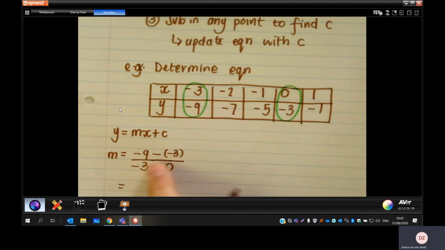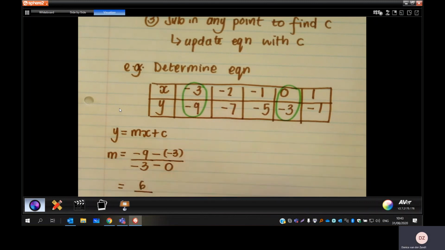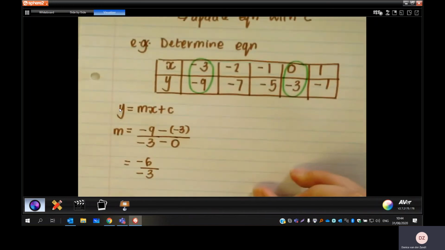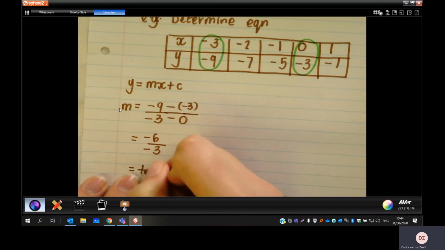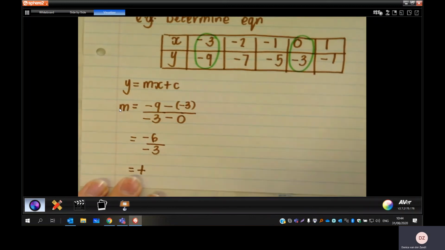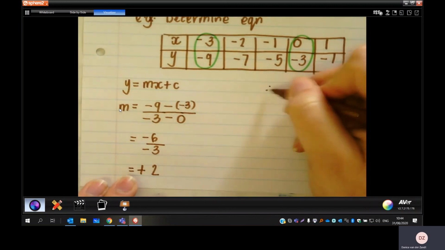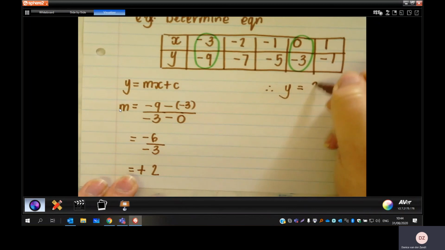So I get -9 plus 3, which is -6, over -3 minus 0. Oh, sorry, it's -6. What am I saying? It's -3. And negative divided by negative is positive, and 6 divided by 3 is 2. So therefore, I am now at a point where I have 2x plus c.